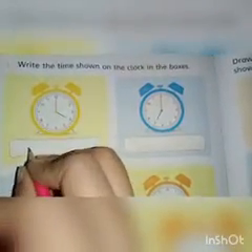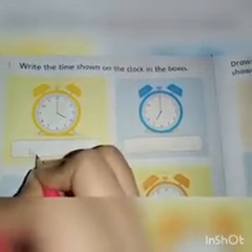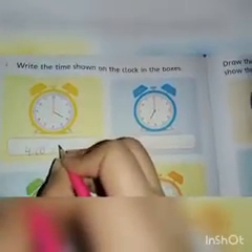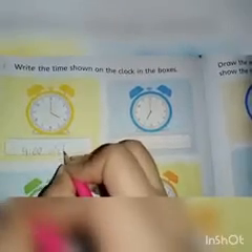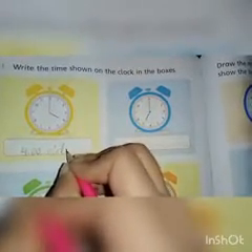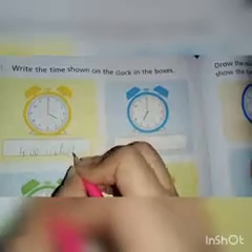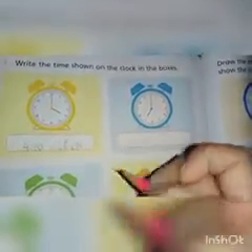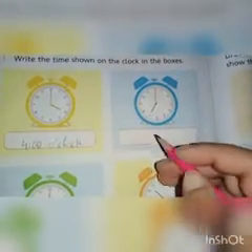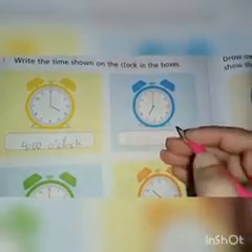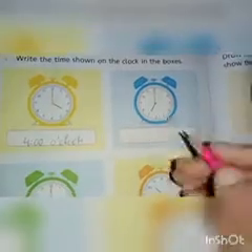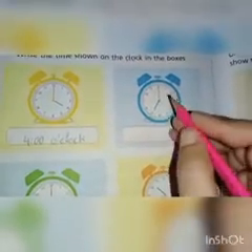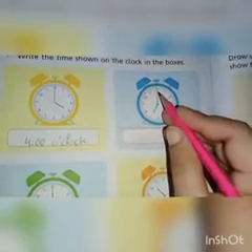Let's write it. 4 o'clock. C-L-O-C-K. Clock. The time is 4 o'clock. Go for the next one. Here we have our second clock, and at our second clock, the hour hand is on 7 and the minutes hand is on 12.